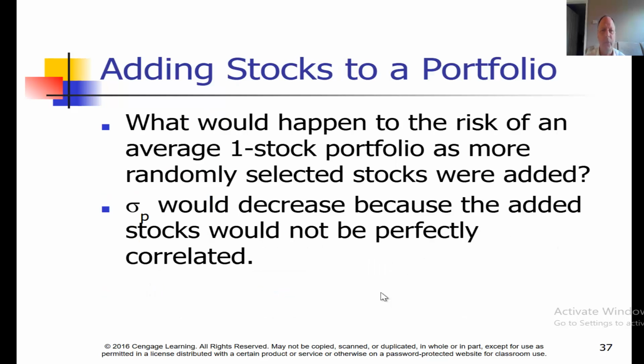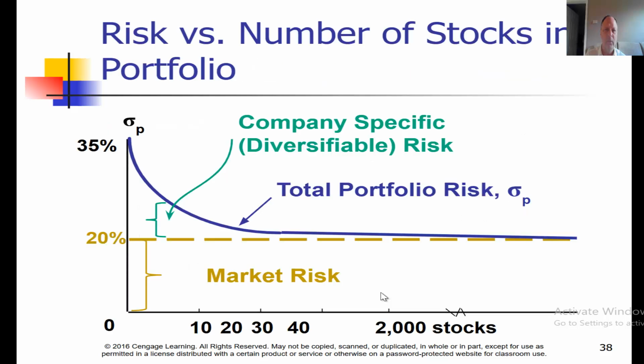What happens to the risk of an average stock as you add more stocks to the portfolio? Well, the standard deviation decreases because the added stocks are not perfectly correlated. You end up with a graph that looks like this, where we start out with one stock having a very high risk of 35%, and as you add more and more stocks, the portfolio's risk goes down.